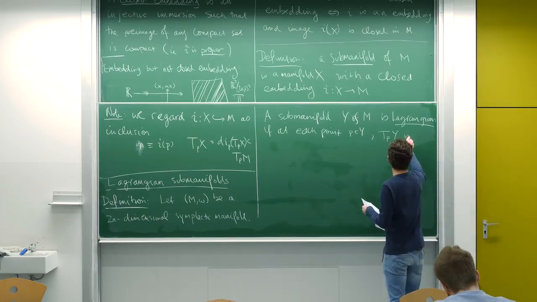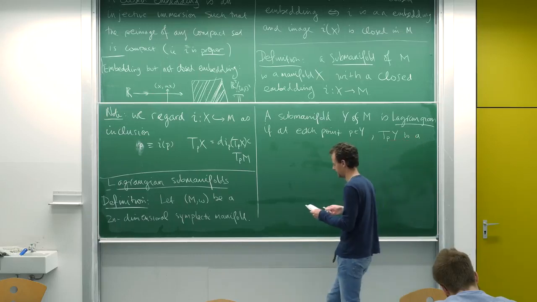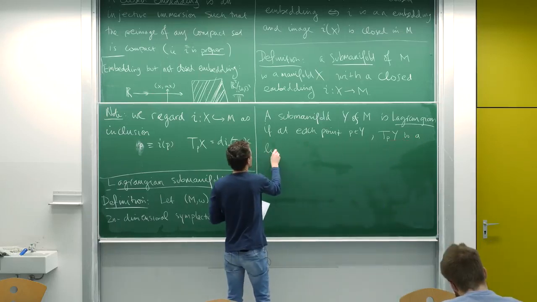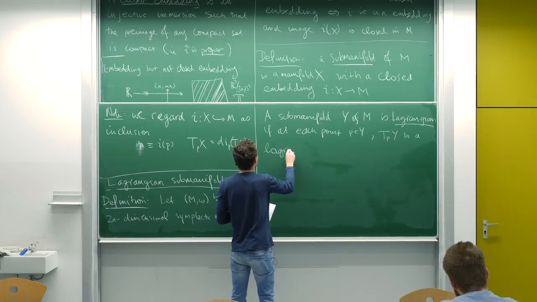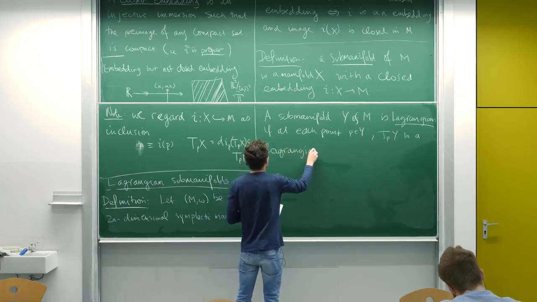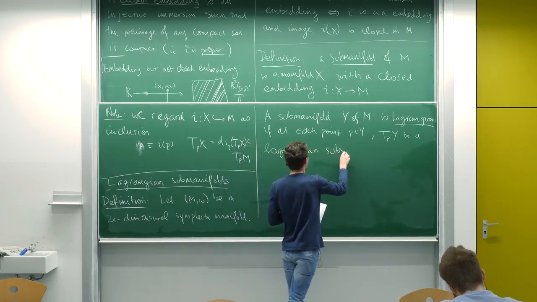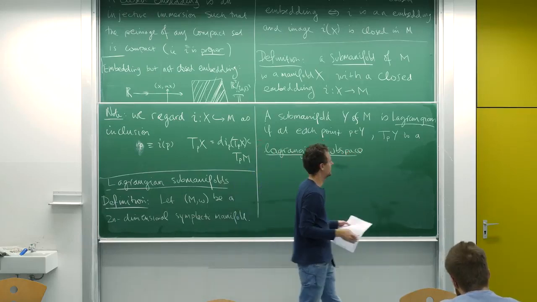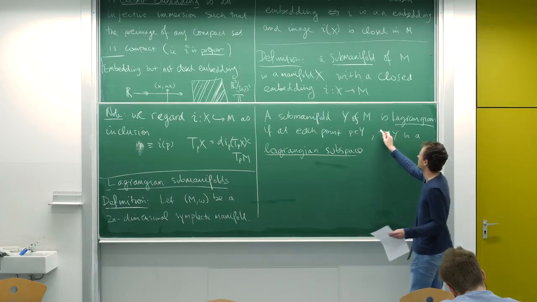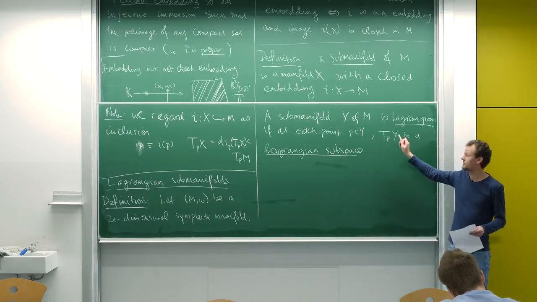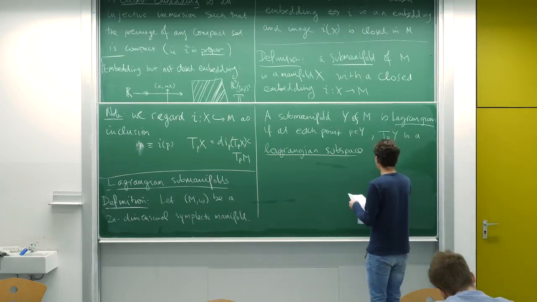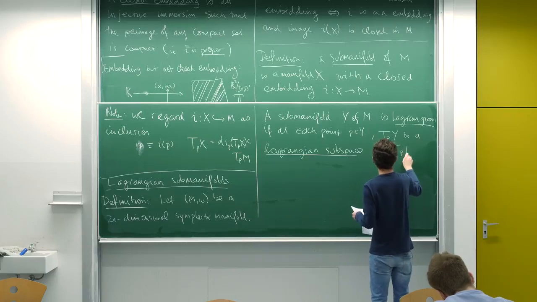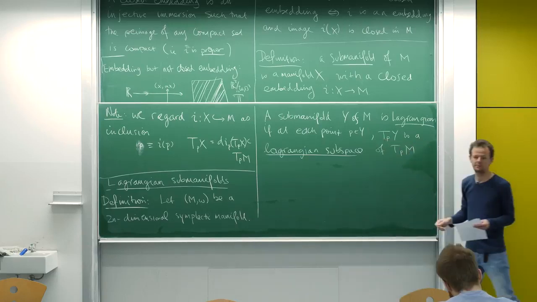It's locally a symplectic vector space. So we have that everywhere the tangent space to Y is a Lagrangian subspace of the tangent space Tp of M.